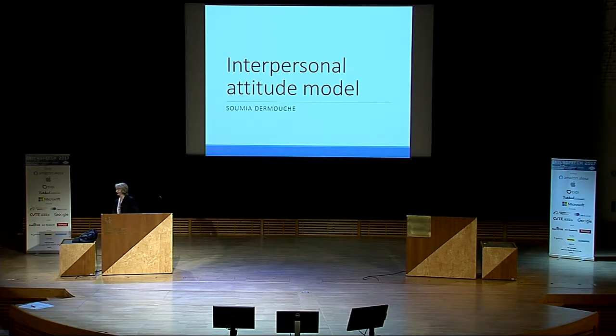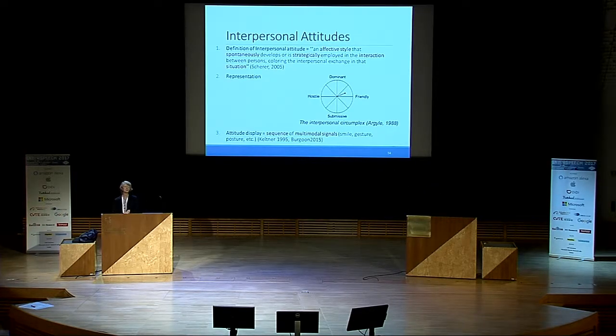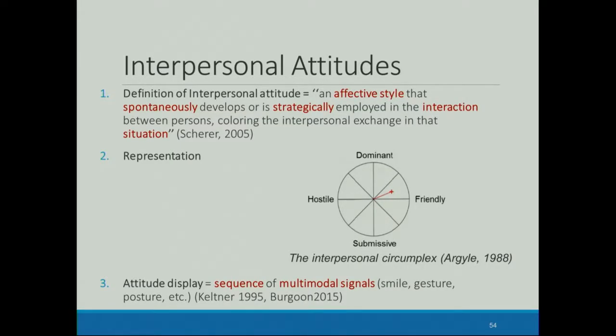My last talk, sorry, I'm going through those 4 different domains, is on building an interpersonal attitude model for the virtual agent. An attitude is defined by Klaus Scherer as an affective style that is spontaneously developed and strategically employed in the interaction between persons, coloring the interpersonal exchange in that situation.